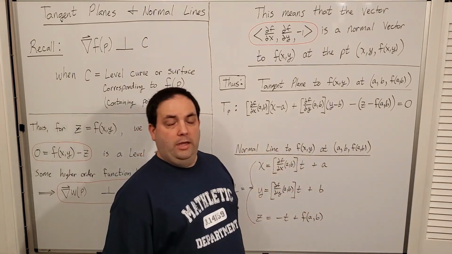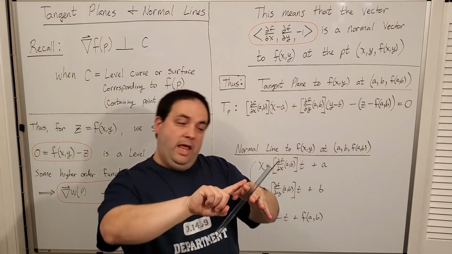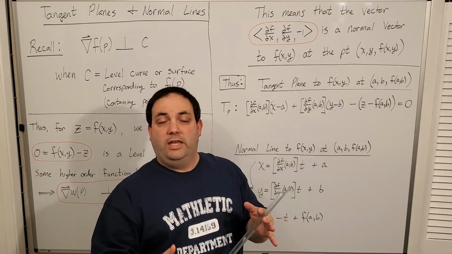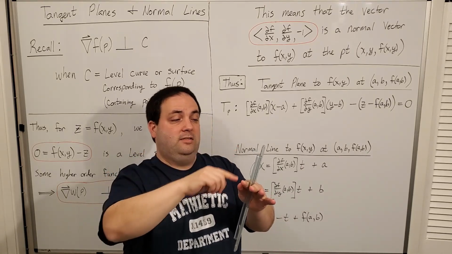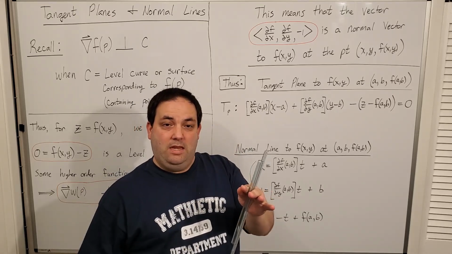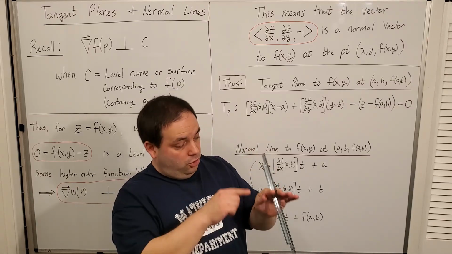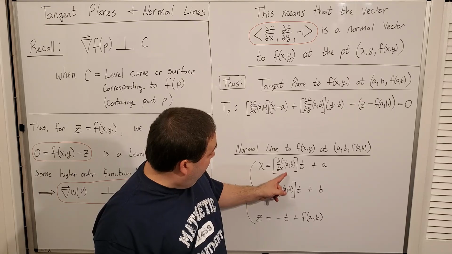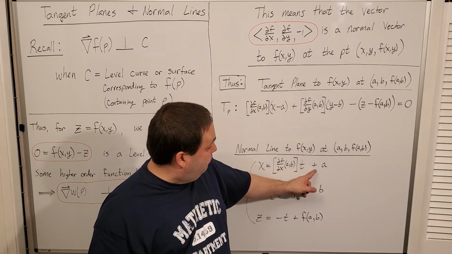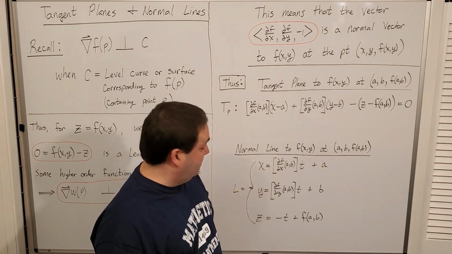Also, a normal line. Remember, all that is something where I have a point and a vector, and that's all I need to create a line. I just say the point plus the vector times t, and I'll get a line in the direction of that vector going through that particular point. So that's all we're doing here. I have the x component of the vector times t plus the x component of the point for my x.